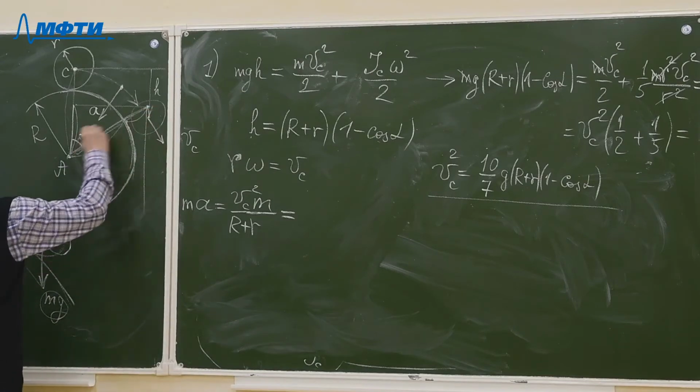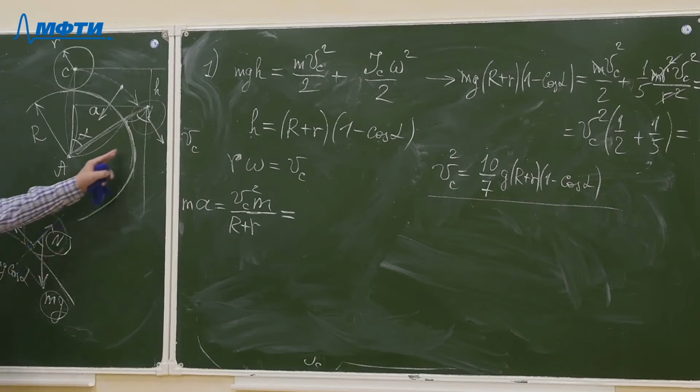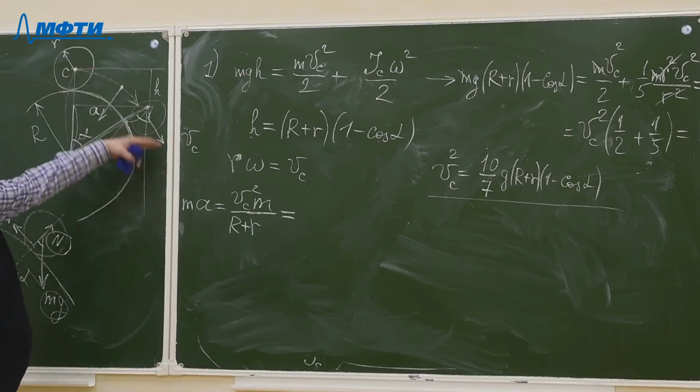So if we consider forces acting perpendicularly to the surface, then we must take into account this force N and the component of mg. If this is alpha, then this is also alpha. The component of mg will be mg cosine alpha, the component of the weight mg of the sphere along the line connecting the center of the sphere and point A. So there are two forces acting in this direction along the radius of the trajectory.